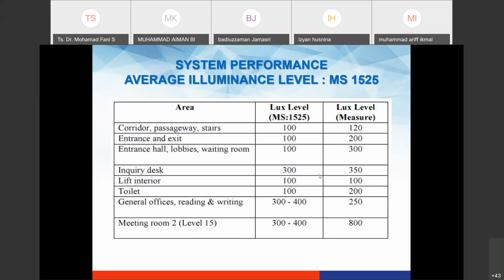So always refer to the MS. These tables also show the comparison of the real measured value to the MS.